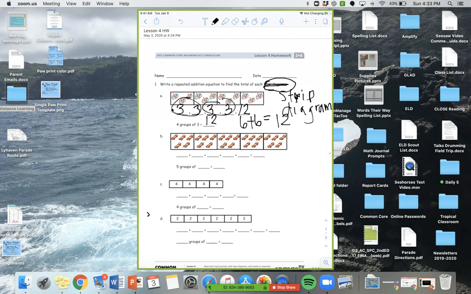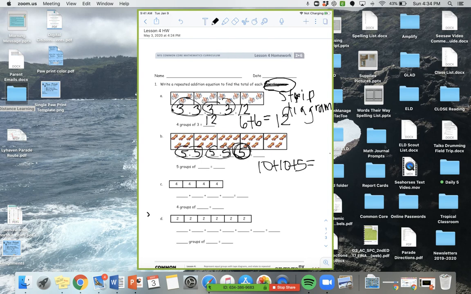Okay, the next one, we see 1, 2, 3, 4, 5 groups, 5 in each group. So I'm going to be adding the number 5. 5 plus 5 plus 5 plus 5 plus 5, which equals, okay, so I'm going to use that strategy of the doubles. 10 plus 10 plus, we have to do that 5 right from right here because it doesn't have a double.